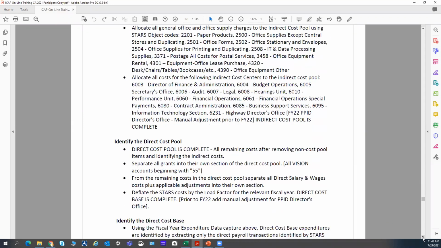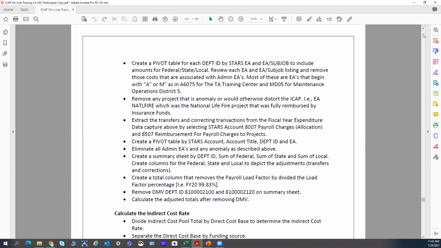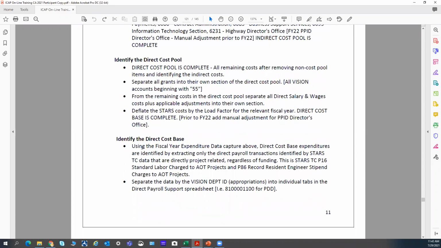And then we talk about identifying the direct cost pool. And here is where they really get into actual processes and procedures that are used internally. And you can see here, it's a narrative using the fiscal year expenditure data captured above. And they talk about building pivot tables and separate the data by Vision ID.